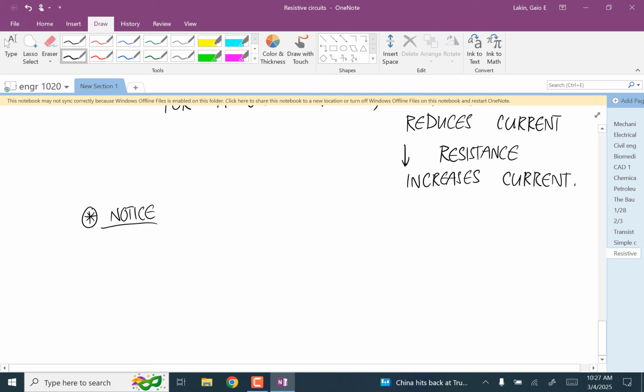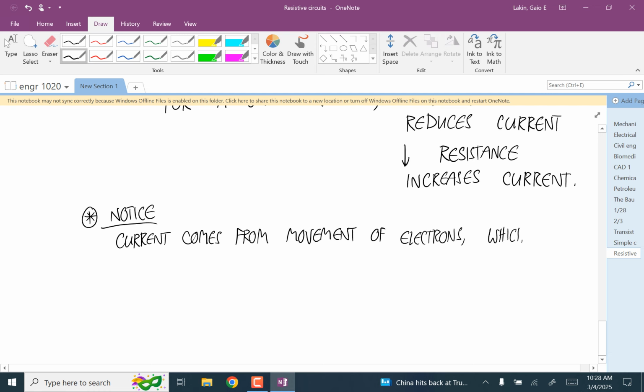It's really the movement of electrons that causes electric current, and electrons have a negative charge.